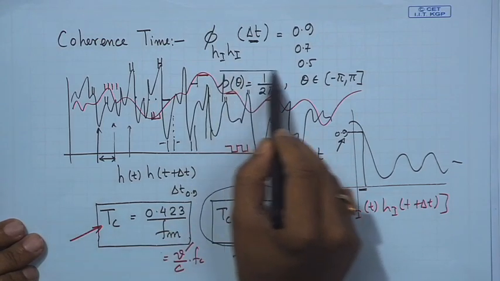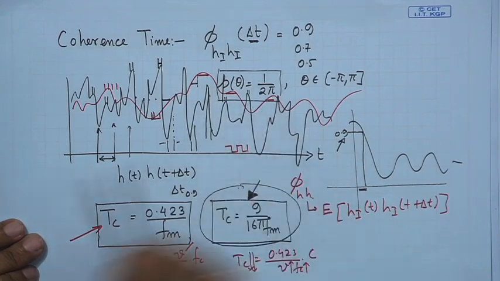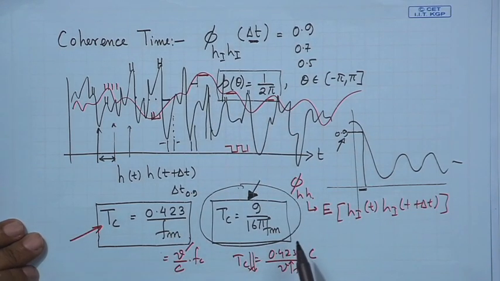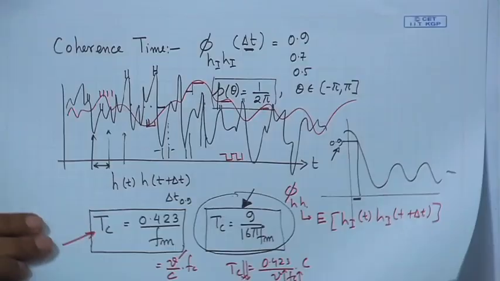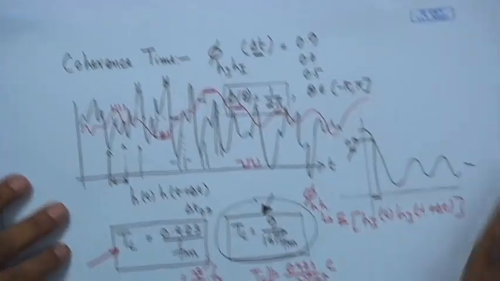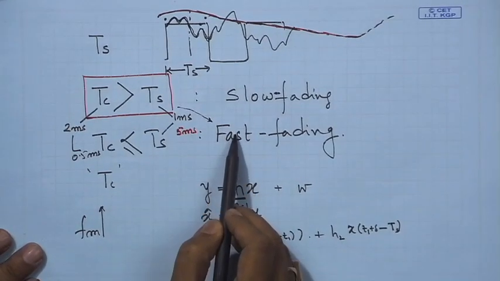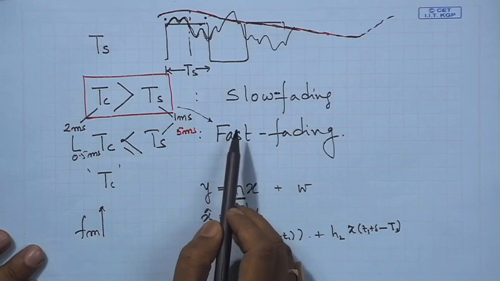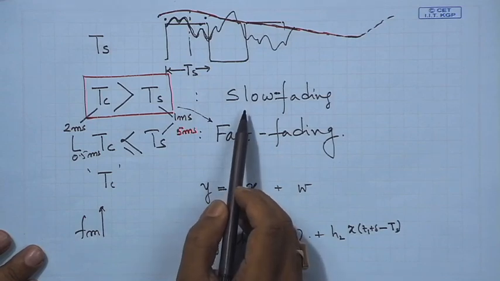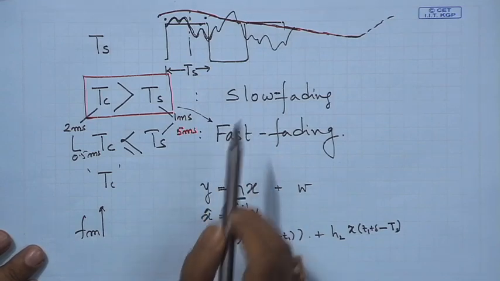The special case is defined by p of theta equals 1 by 2 pi. Finally, we have also described the fast and slow fading conditions, where we have said that the fast fading condition is when the channel fluctuates faster than the symbol duration, and slow fading condition is when the channel fluctuates slower than the symbol duration.